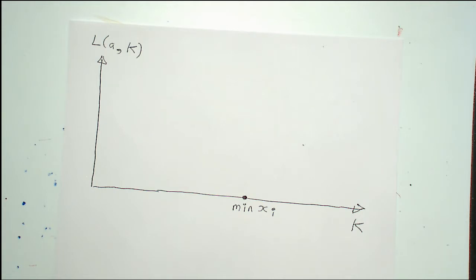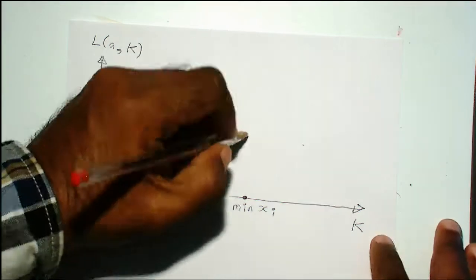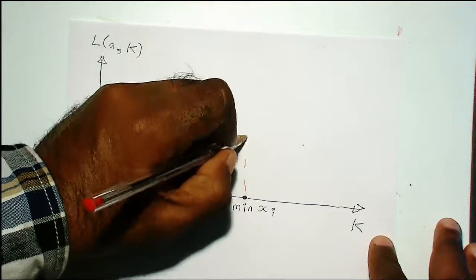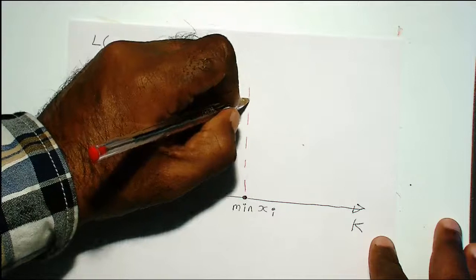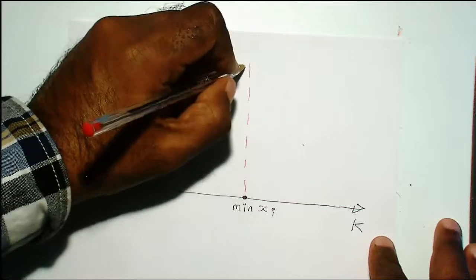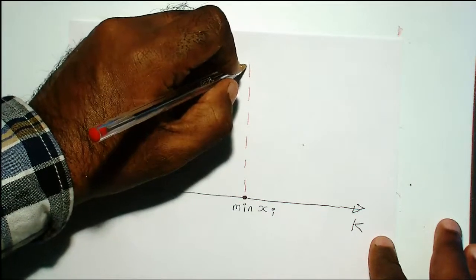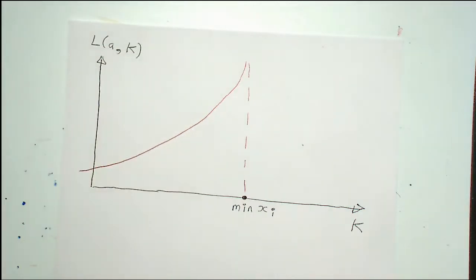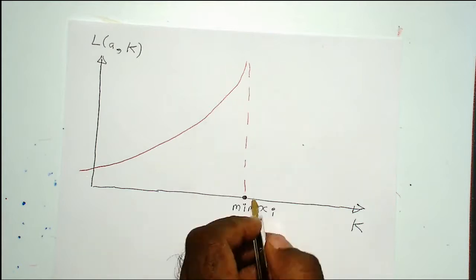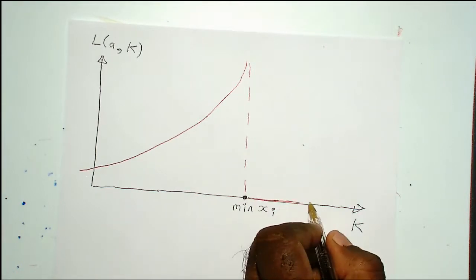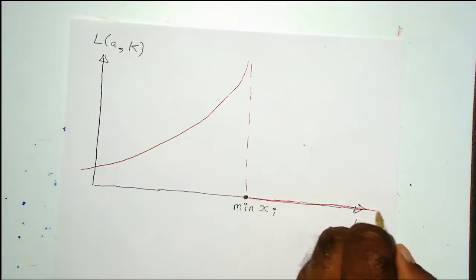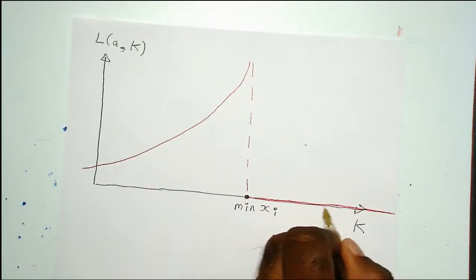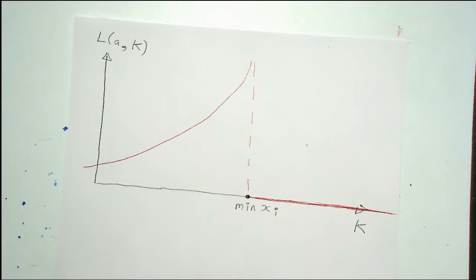And therefore, the graph will look like what? It will be an increasing function up to this point, and thereafter it will be zero, because remember, k must be less than or equal to the min.